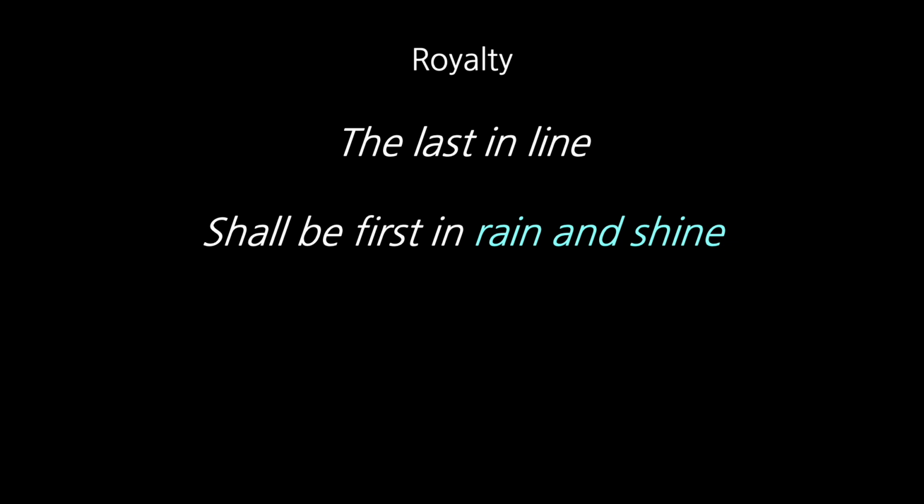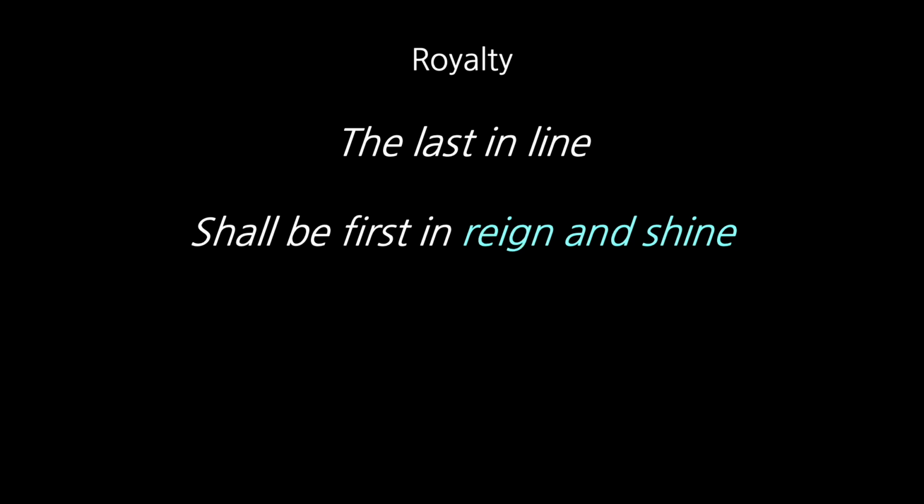What's the other thing that catches my eye? "The last in line shall be first in rain and shine." Well, the next thing that catches my attention is the pun, rain and shine. Typically rain should have been spelled R-A-I-N, but it's spelled R-E-I-G-N, as in the reign of a king or a queen, the reign of royalty.